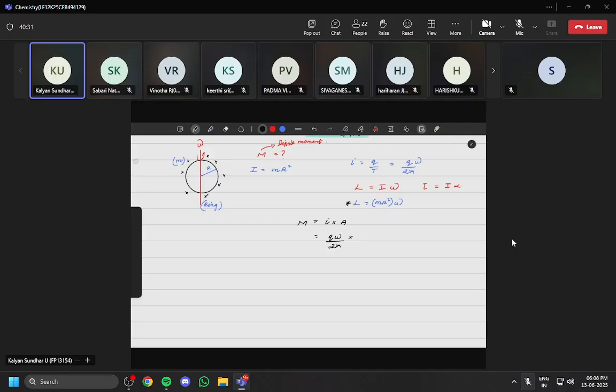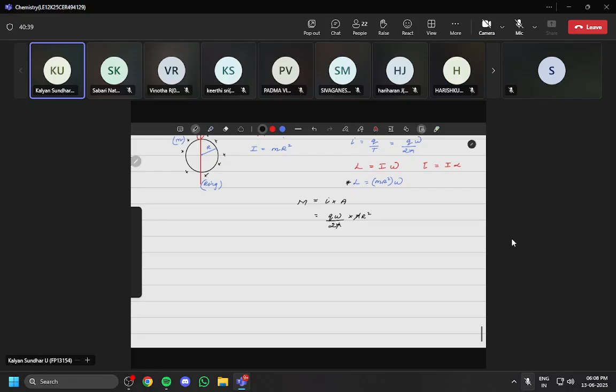The area of cross section of the ring is that of a circle, which is pi r square. So pi and pi get cancelled. So your m will be equal to q omega r square divided by 2. Let this be equation 1. Let this be equation 2.